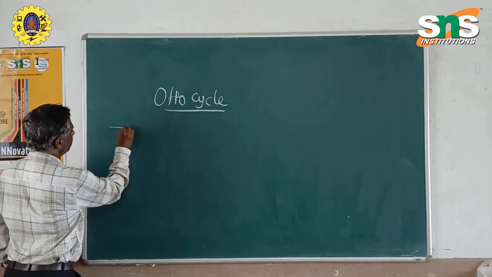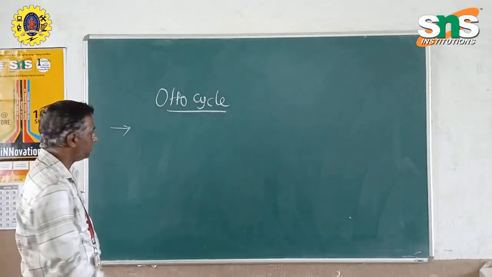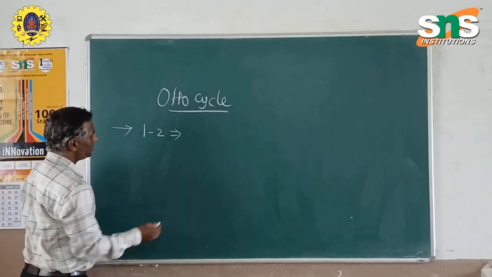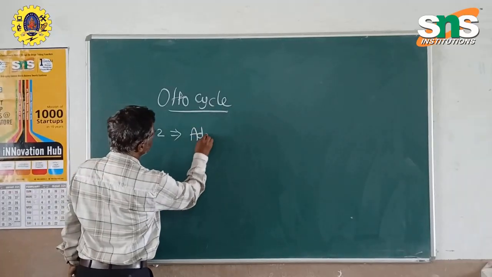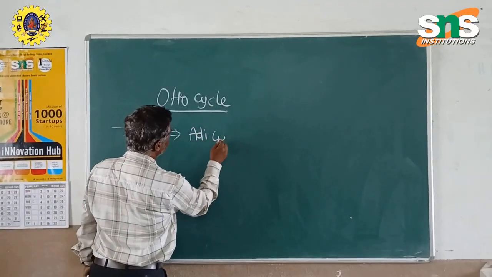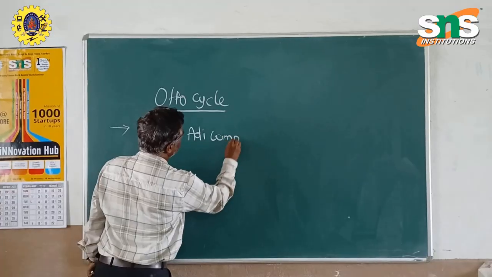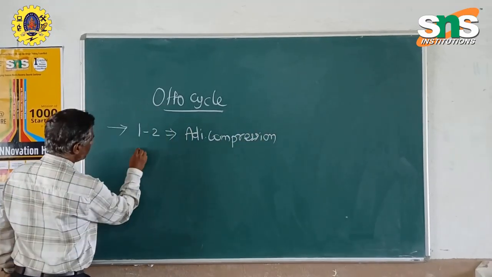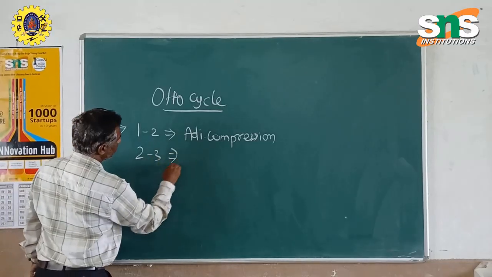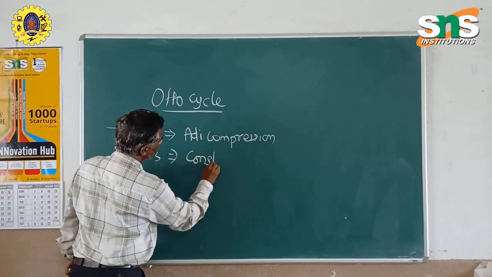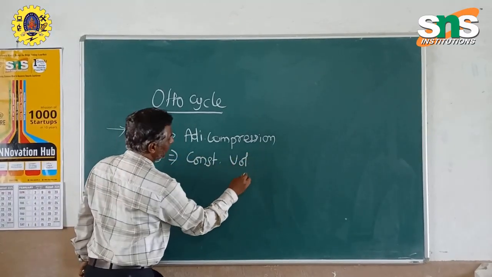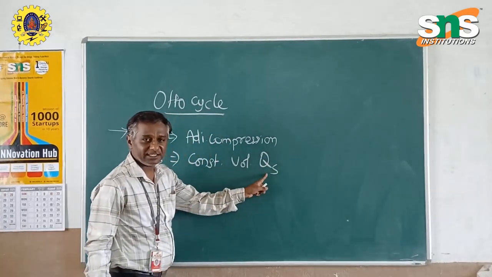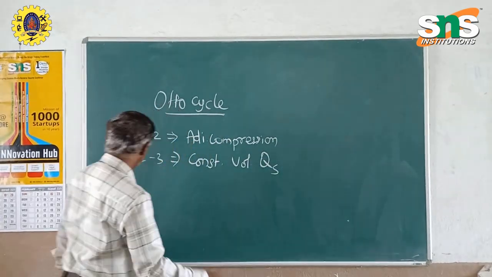the processes involved in the Otto cycle. 1 to 2, what is 1 to 2? It is nothing but the adiabatic compression process. 2 to 3 is constant volume heat addition. Let's say heat supply, that is the heat addition process.